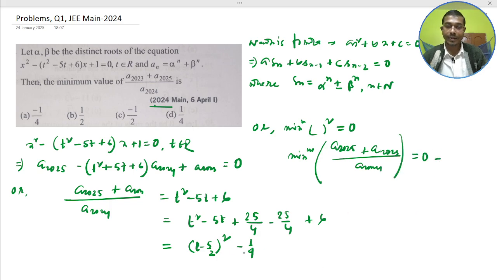Minimum of this whole square should be 0, minus 1/4, so it becomes minus 1/4. So minus 1/4 would be our correct answer, option A.